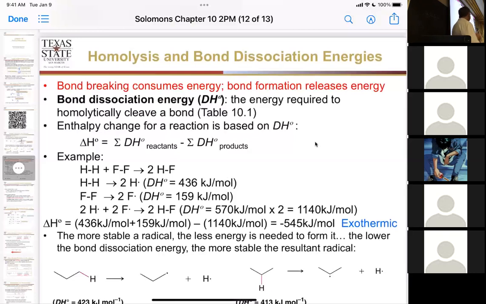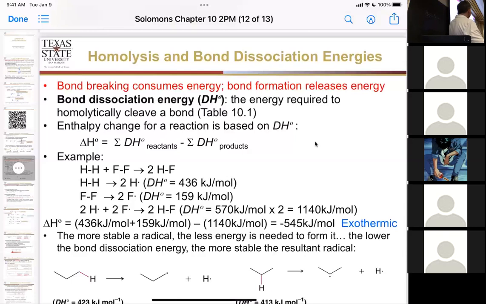Okay, so the energy it takes to break a hydrogen-hydrogen bond to give us two radicals is 436 kilojoules per mole. Okay, to break apart two of the fluorines, it doesn't take as much. Okay, it's 195 kilojoules per mole. Why would it be less energy? Longer bond, really electrophilic, really wants the electrons, so it's a longer bond.